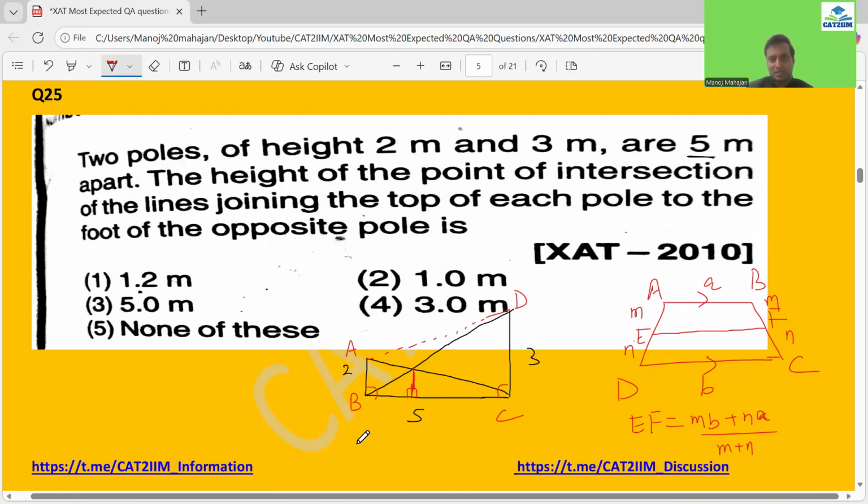In that case, that would be a specific. The length of EF would be nothing but put M by N ratio as 1:1. You get the simple arithmetic mean of the value of the parallel sides which you have, right?